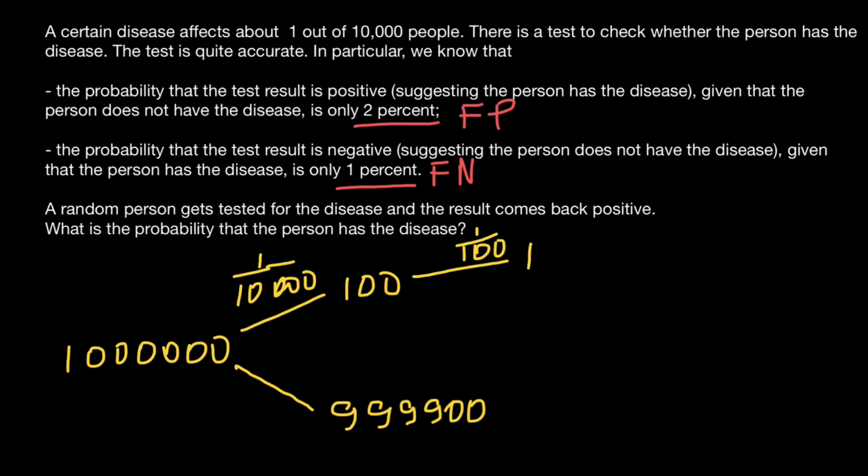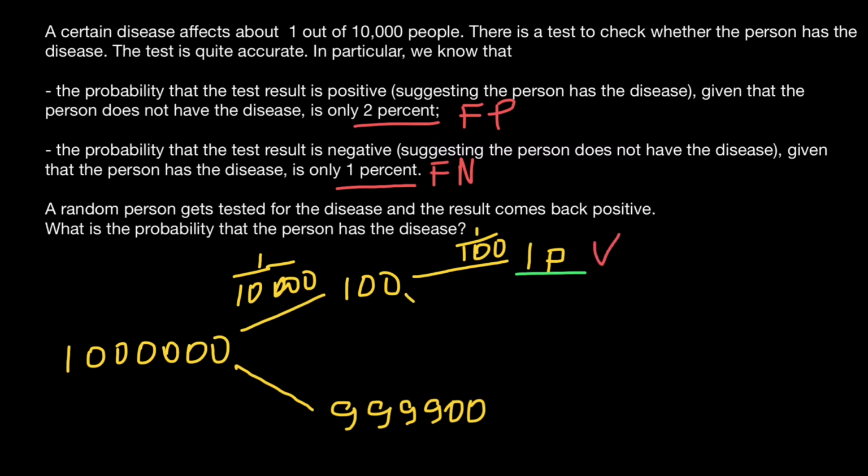So 1 person. P stands for the person. I would underline with green color to show that this person phenotypically is going to be normal as a result of this test, but actually he is going to have this disease.